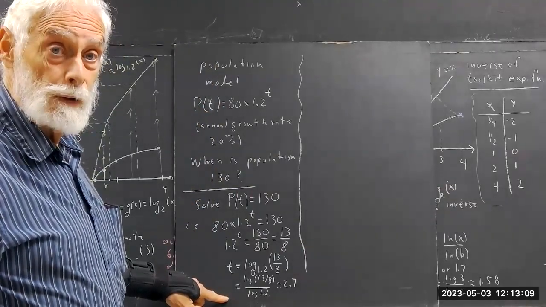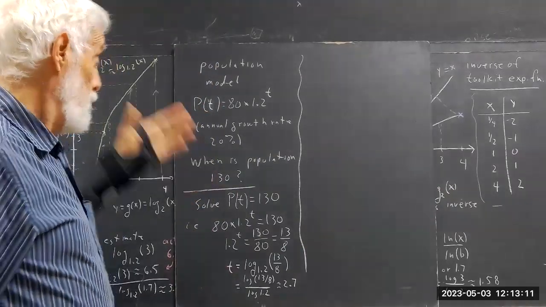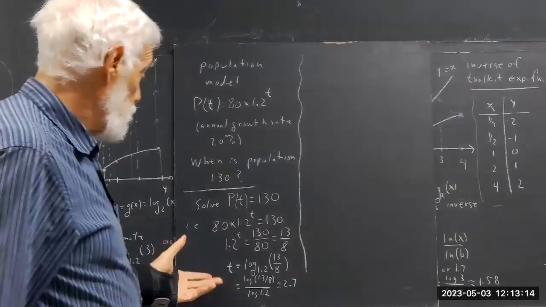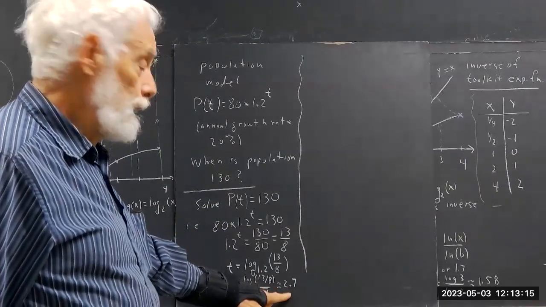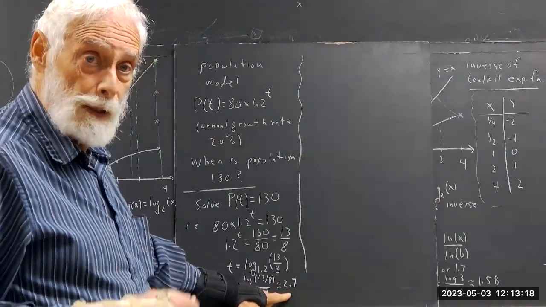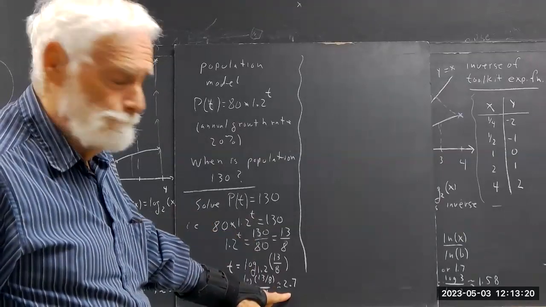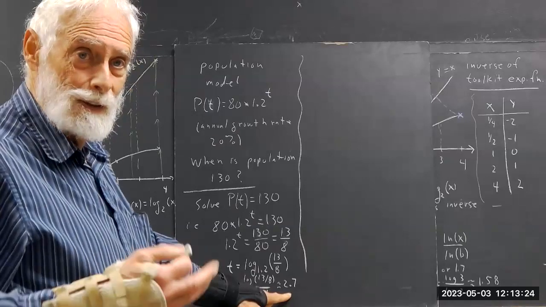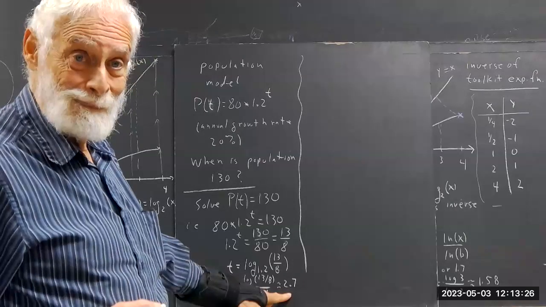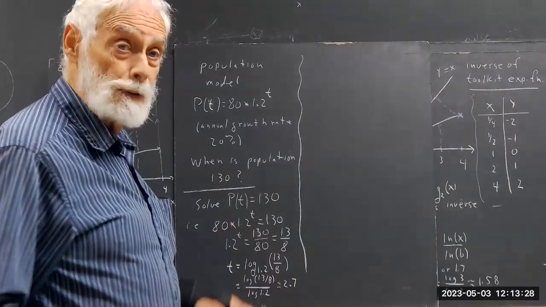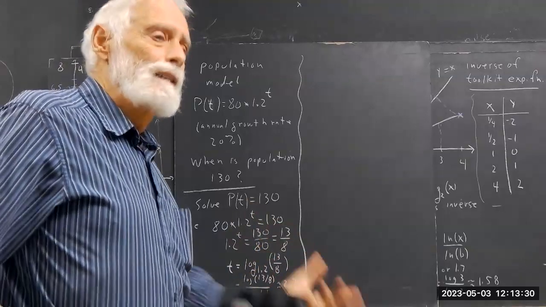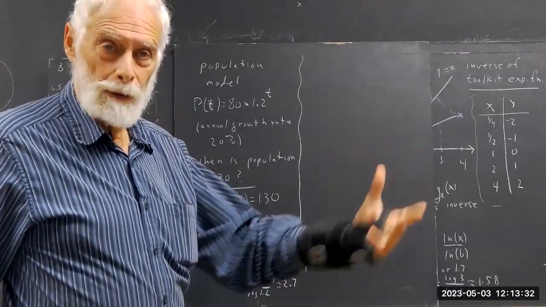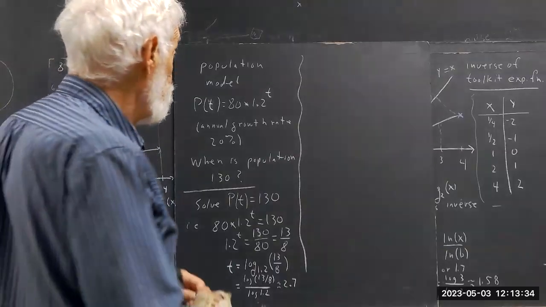Could be a very practical equation that we would solve for t to estimate how long it's going to take our population to grow from 80 to 130. Can't be guaranteed because there's population in an uncontrolled environment. All kinds of things can happen, but it's going to be our best guess that in a little less than 3 years, our population is going to be 130. Okay.